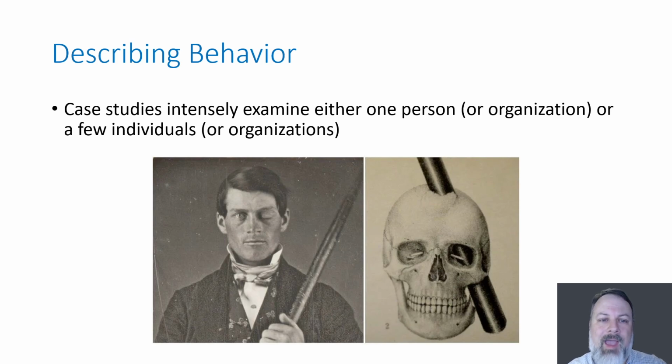The example I have here is a fellow named Phineas Gage, who 150 years ago was working on a railroad and due to an accident had a rod that shot up through his skull and damaged the frontal part of his brain.